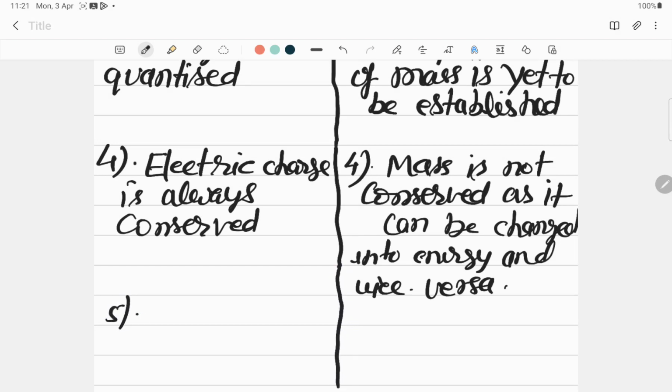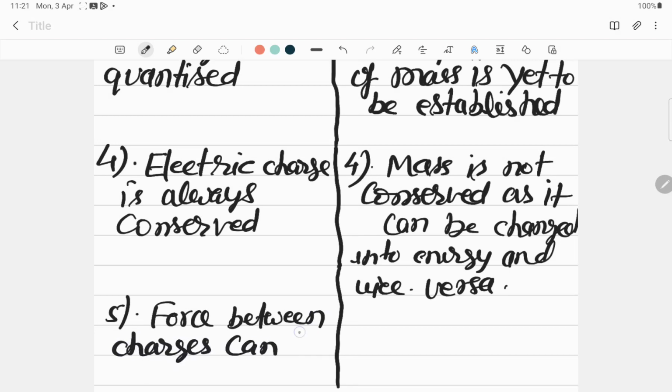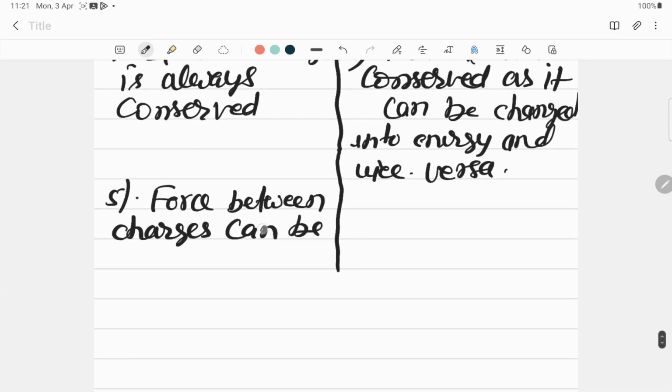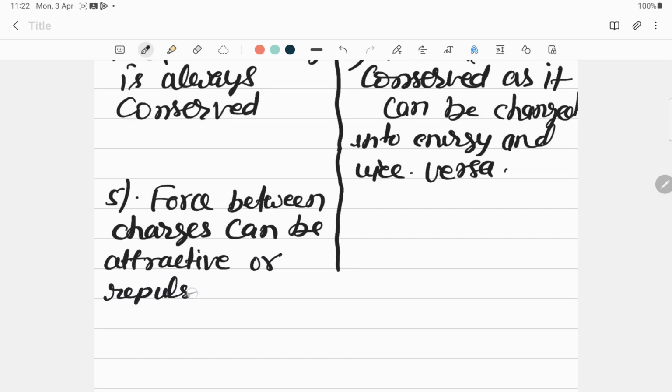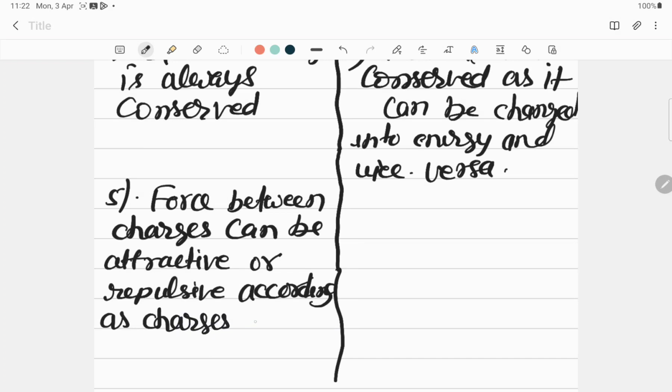Now point number 5. Force between charges can be attractive or repulsive according as the charges are unlike or like.